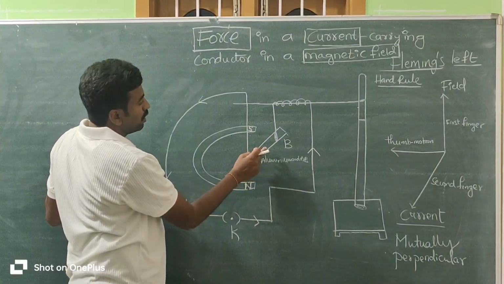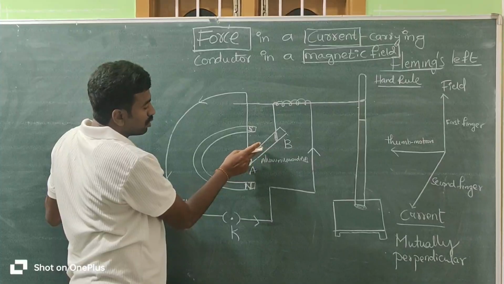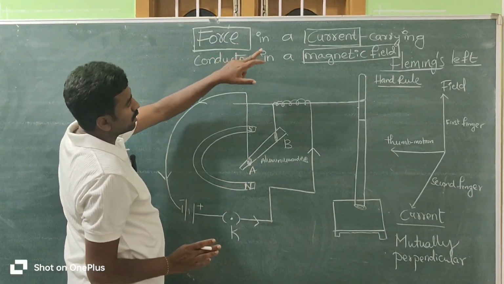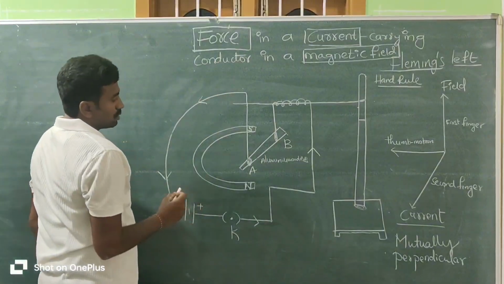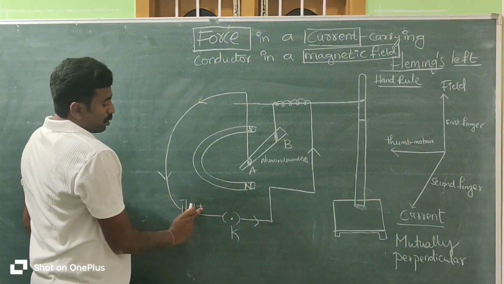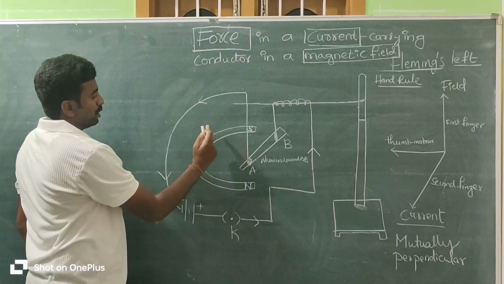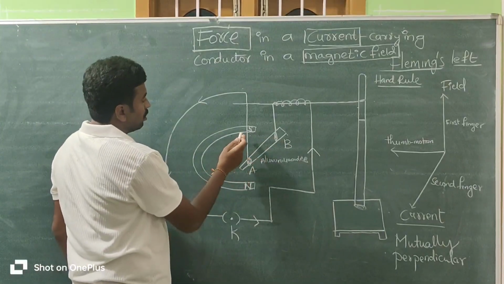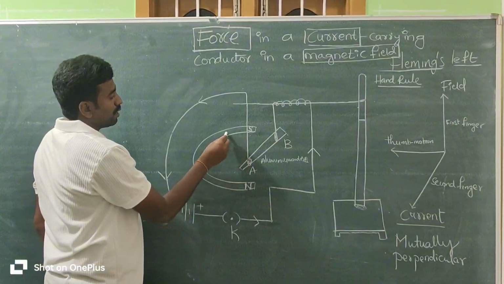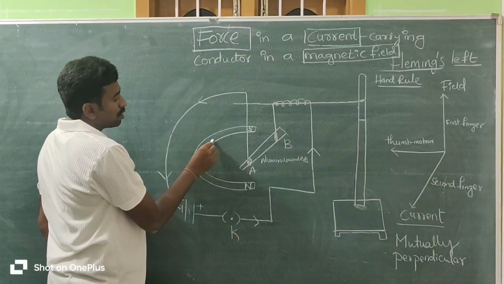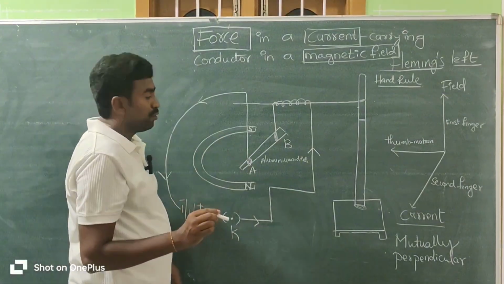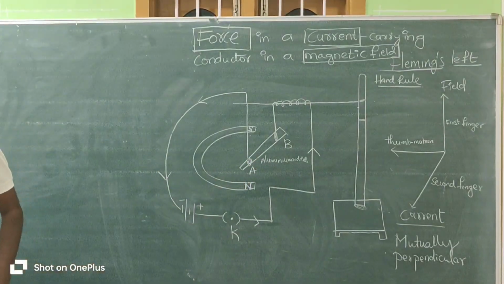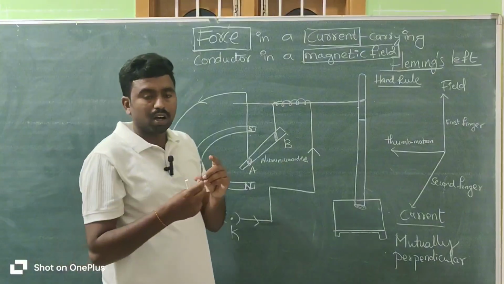Now current is flowing from the positive terminal to the negative terminal through the aluminum rod, B to A, in the presence of the horseshoe magnet. Let's find the observation. We have to find the behavior of the rod which is having current in the presence of the horseshoe magnet.